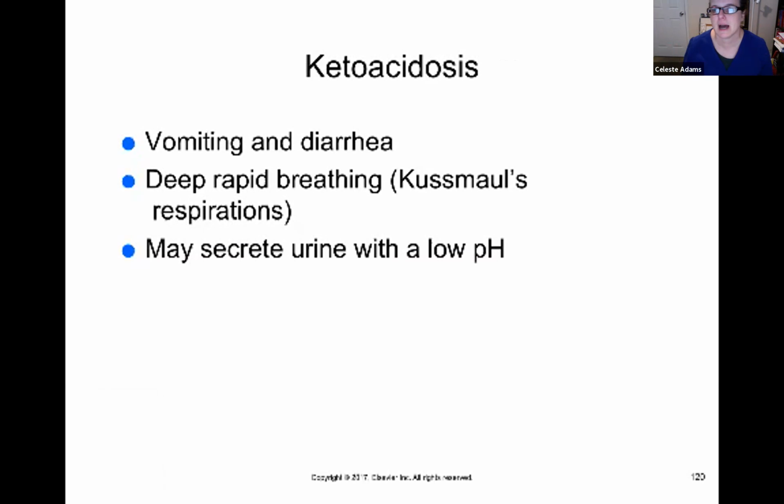In ketoacidosis, this is extremely important: I know I just said you don't have a whole lot of respiratory symptoms in metabolic acidosis, but in ketoacidosis, you are going to have deep, rapid breathing, or Kussmaul's respirations.